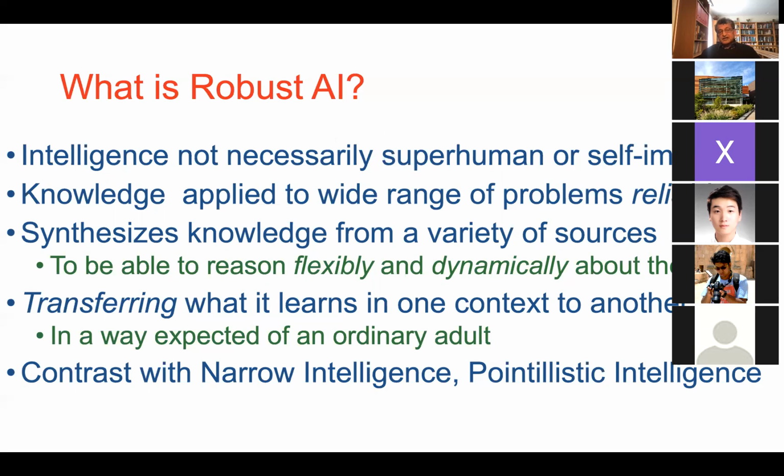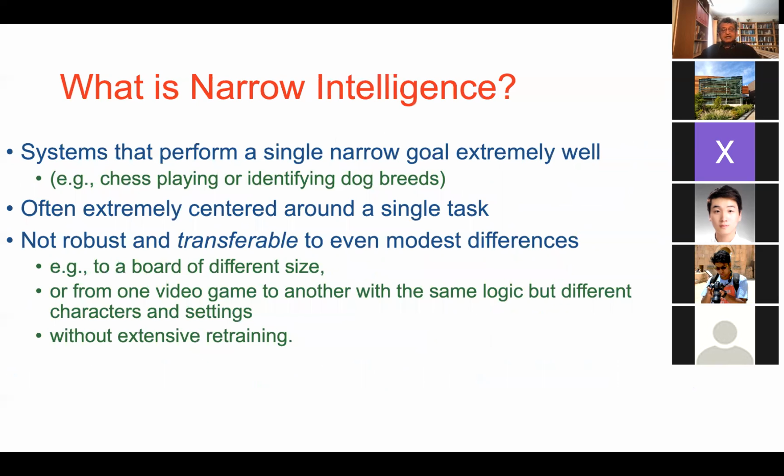And we can contrast robust AI with non-robust AI, such as narrow intelligence or pointillistic intelligence. What is narrow intelligence? It is systems that perform a single narrow goal extremely well. Example, chess playing or identifying dog breeds.